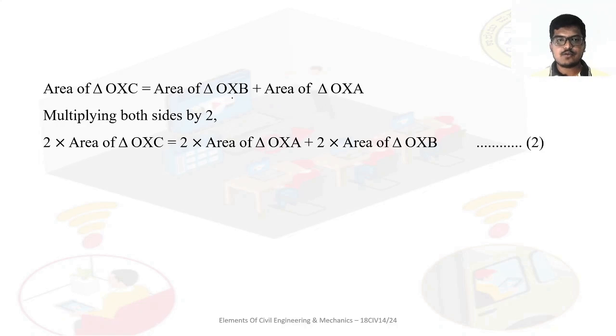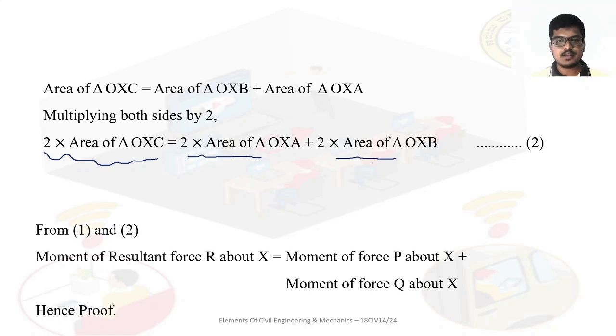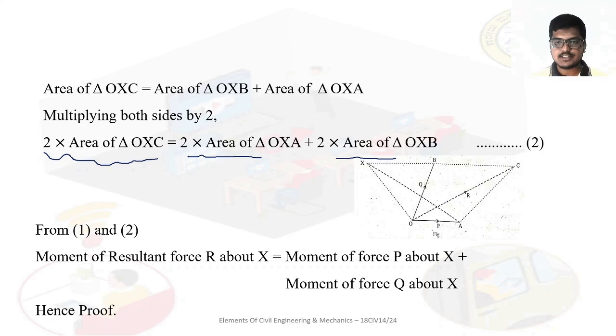So now what we'll do, we will multiply both sides by 2. So 2 into area of triangle OXC is equal to 2 into area of triangle OXA plus 2 into area of triangle OXB. Okay. So from 1 and 2, what we can expect? So what is this? This is nothing but the moment of the resultant force. So R is what?